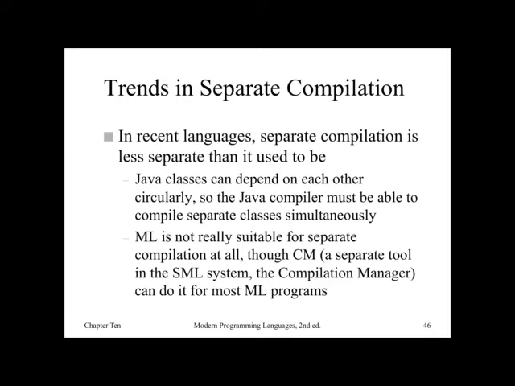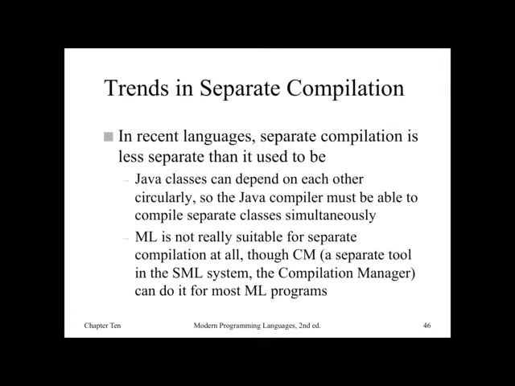And a last key point here is where the trends are. Things are a lot more integrated than they used to be. Separate compilation is less separate than it used to be. There are circular dependencies in Java classes, and the Java compiler has to be able to look at these things simultaneously and not get confused.